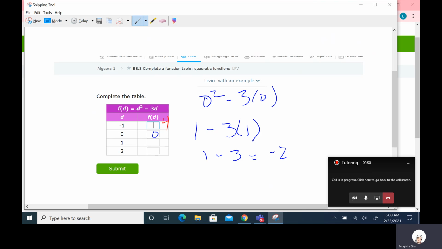And then 2 squared would be 4. Minus 3 times 2 is 6. So 4 minus 6 is -2. I don't think I'll 4, 0, -2, -2. Let's check out, see if it's right.